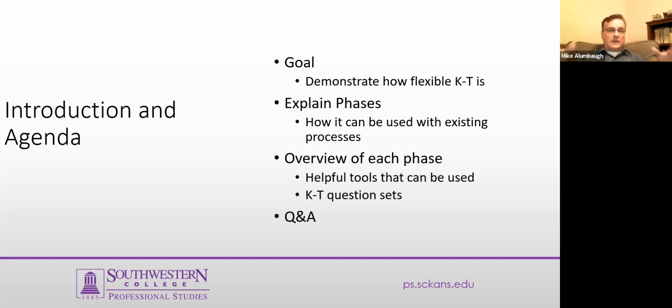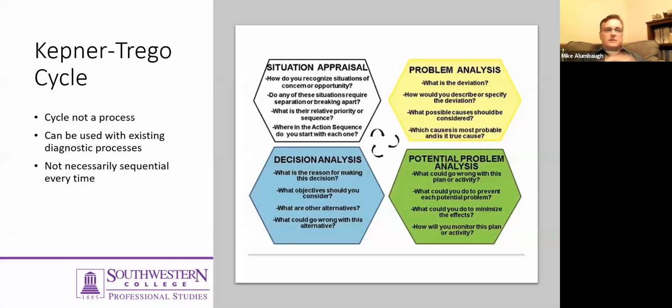And we'll talk about the KT question sets because that's really an important part of the approach. One of the things that makes Kepner-Tregoe so valuable is it tries to drive out assumptions, number one. Number two, it's also really good at slicing through ambiguous situations. Hopefully I can help demonstrate that tonight. And as I said, we will have some Q&A.